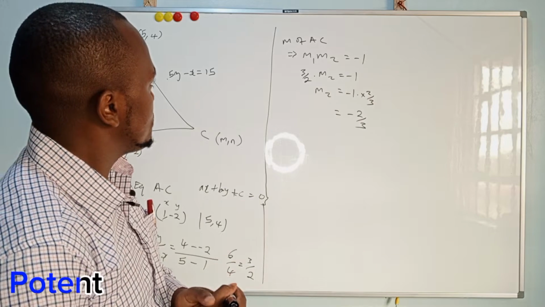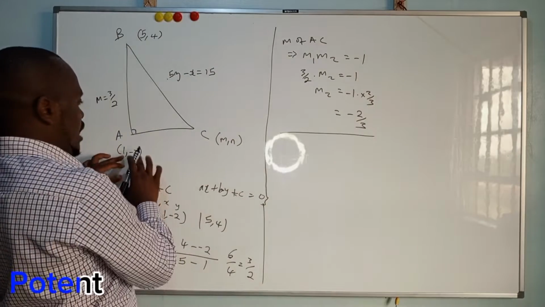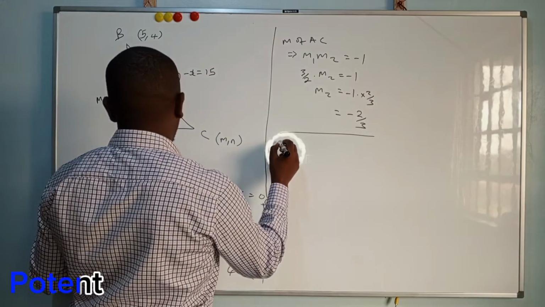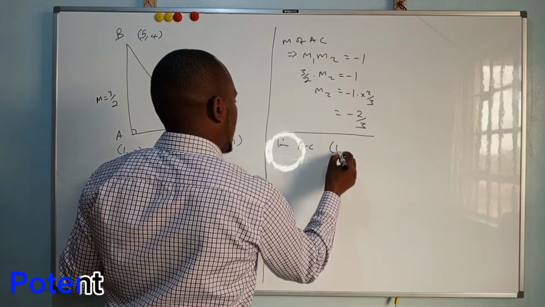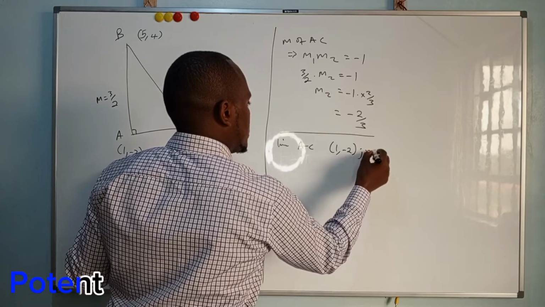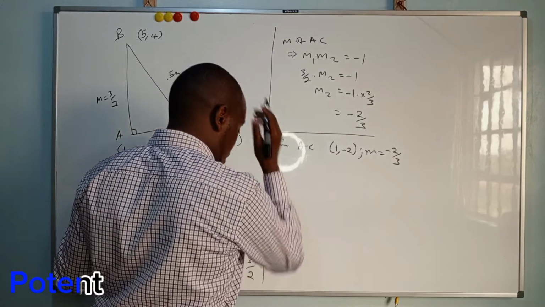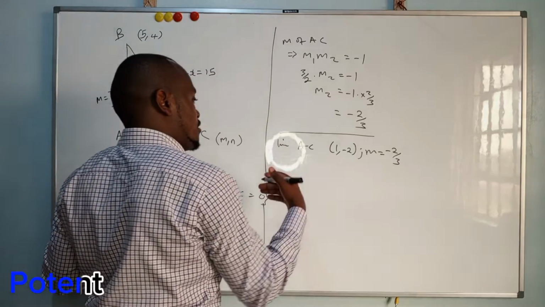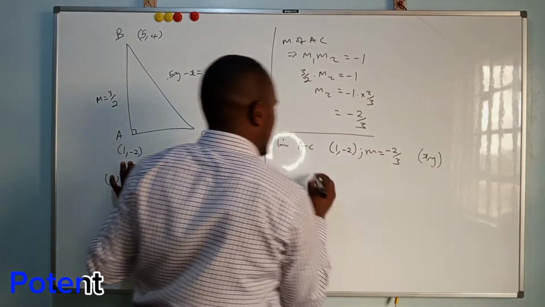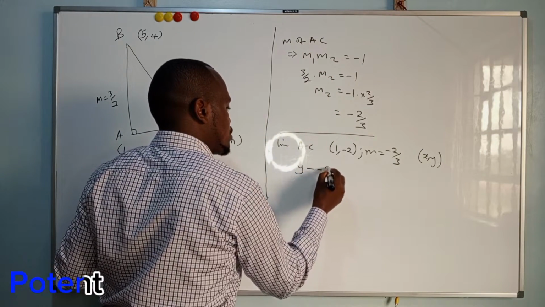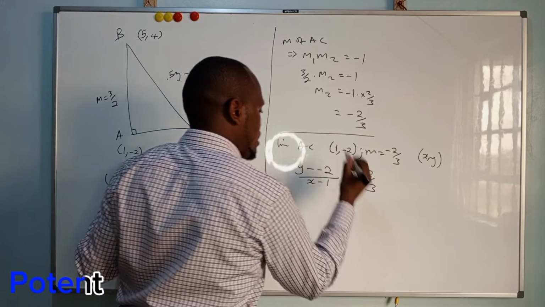Now, we were asked the equation of this line. We have one point and the gradient. So line AC passes through the point (1, -2), and the gradient is negative 2 over 3. You find the equation using the gradient again: y minus minus 2 over x minus 1 is equal to negative 2 over 3.